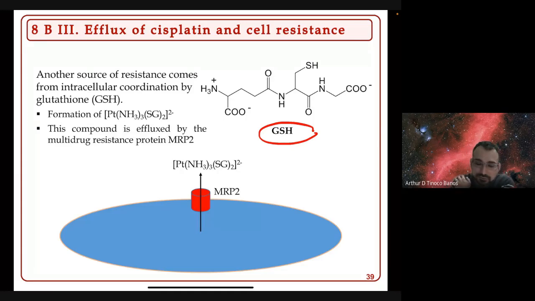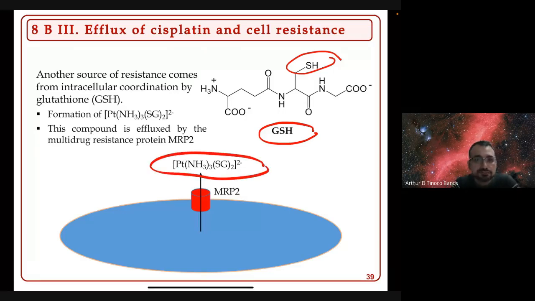Via the thiol group, this peptide has the capacity to bind platinum, being a soft metal, and so it can form adducts of this nature. That can also be recognized by another multi-drug resistance protein, MRP2, which can then facilitate the efflux of this compound. So that interaction of glutathione is seen to be something that can attenuate the activity of the platinum center.